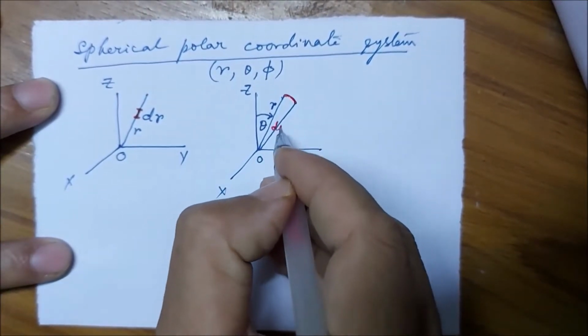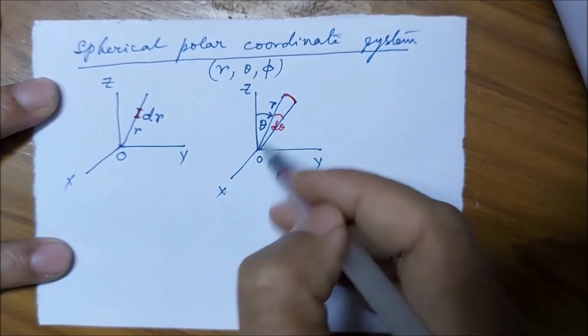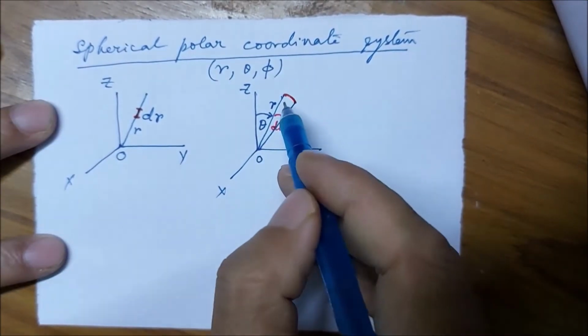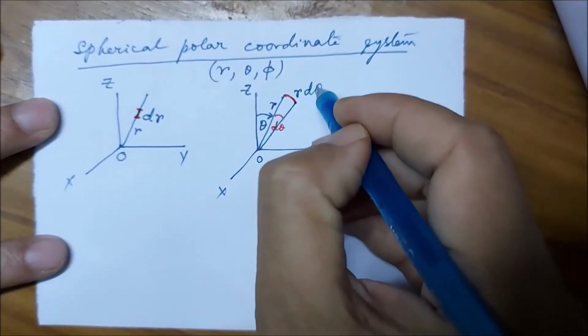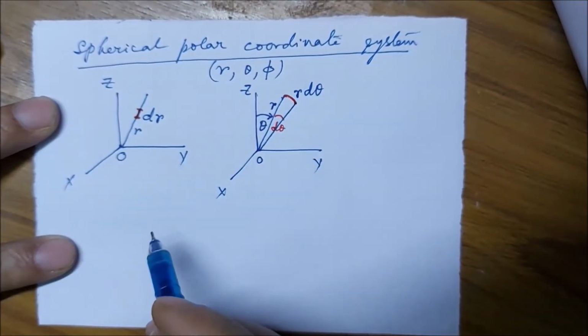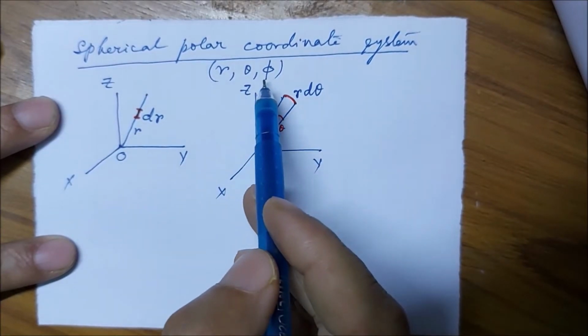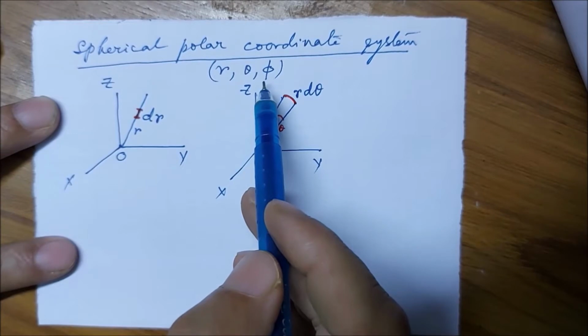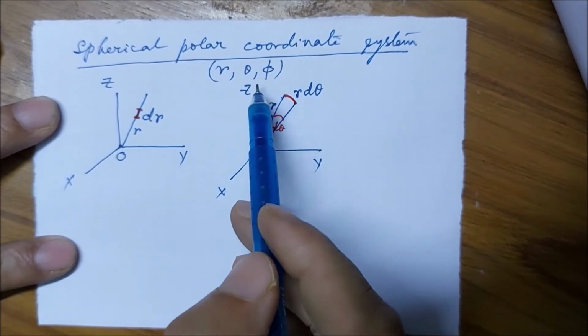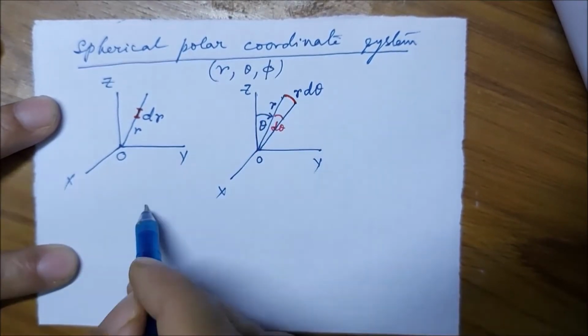So this is d theta, this is r. So this arc element is r d theta. Now we will increase phi by a very small amount d phi and investigate the line element associated with phi.